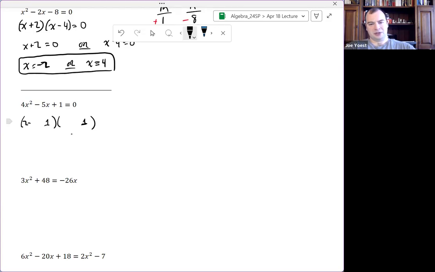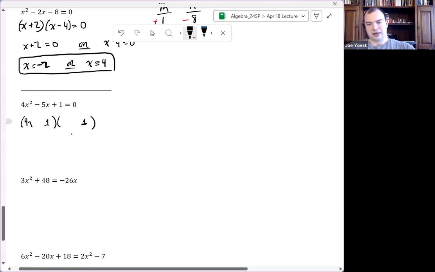If I have something like 2x and 2x, say minus 1 and minus 1, well, my first gives me 4x squared, my last gives me plus 1, but my inside plus outside gives me minus 4x, not minus 5x. So that doesn't seem to quite work.